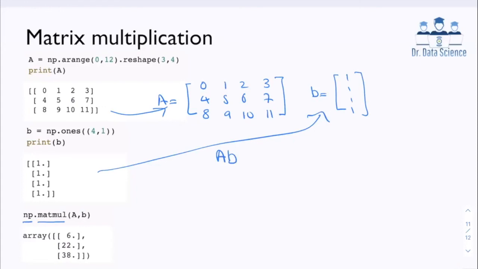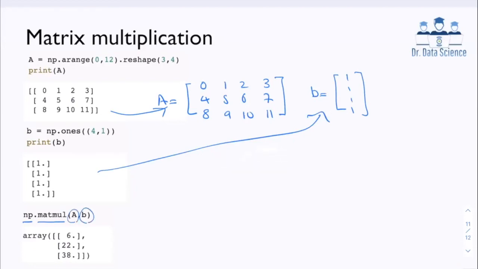So A times B is not equal to B times A. In fact, it's easy to show that B times A doesn't even exist because of the rule I told you about, the fact that the neighboring dimensions should match. So that's something to keep in mind, that you should give them in the right order. So we have A and then we have B.